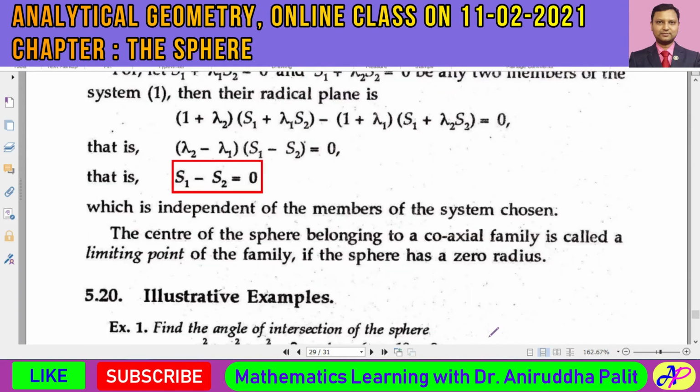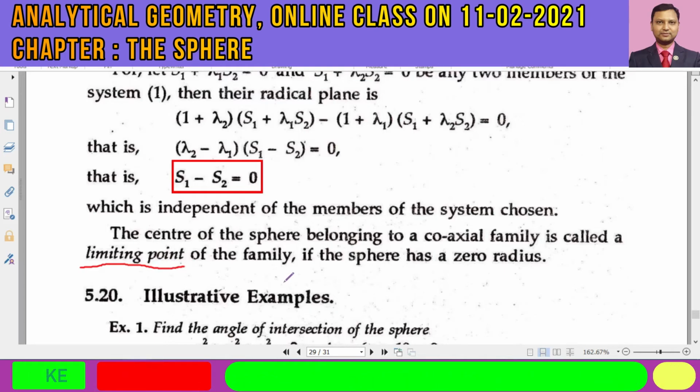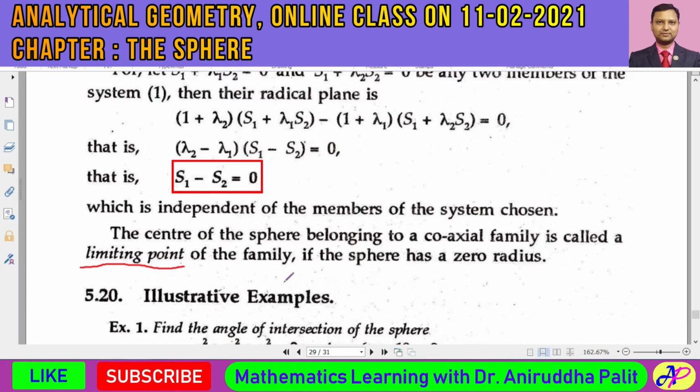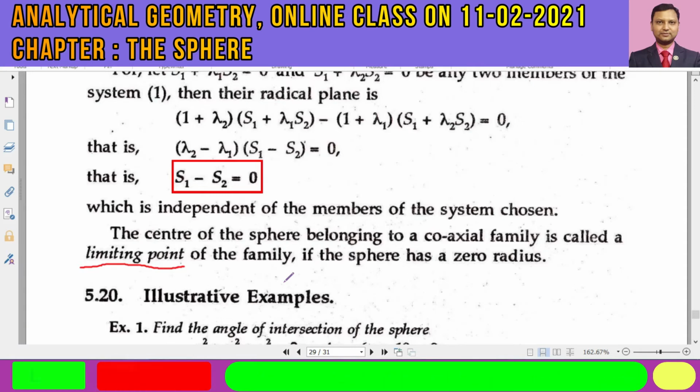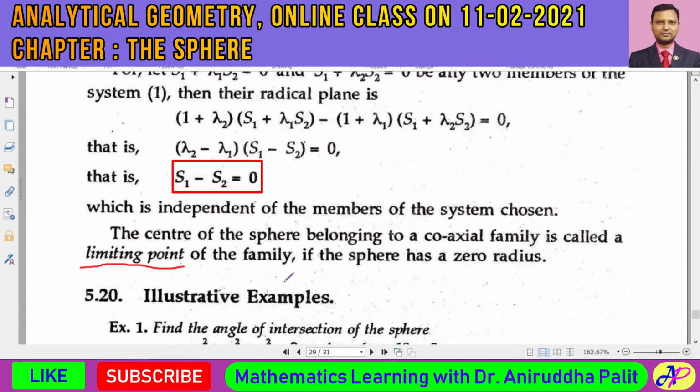And along with this definition, let me introduce the definition of a limiting point. It may so happen that the radius of a sphere becomes equal to 0. If the radius of a sphere belonging to this coaxial family becomes 0, then such spheres are nothing but points.